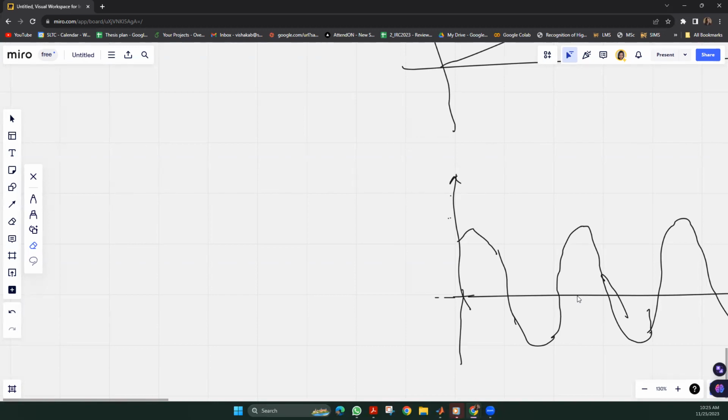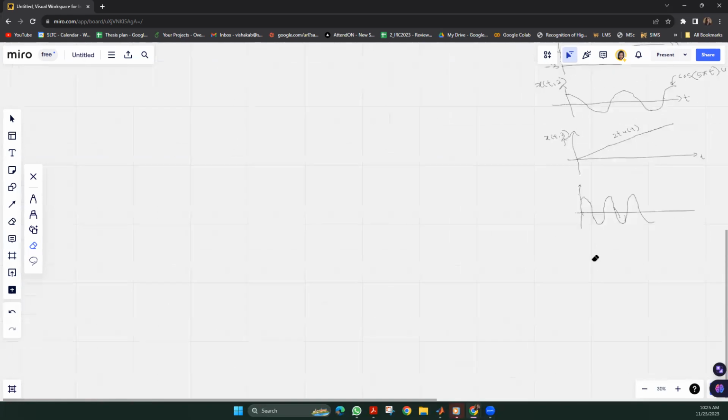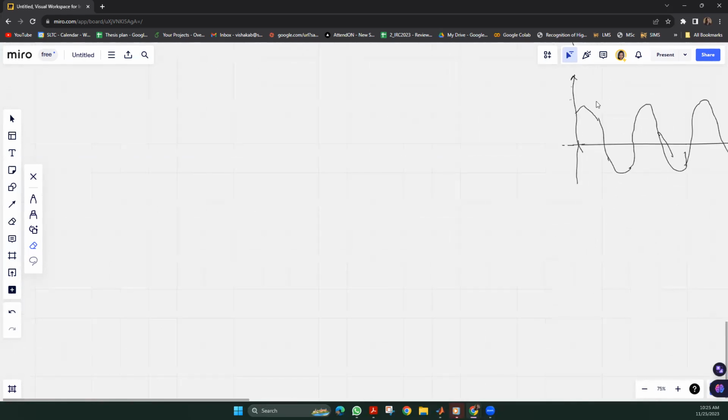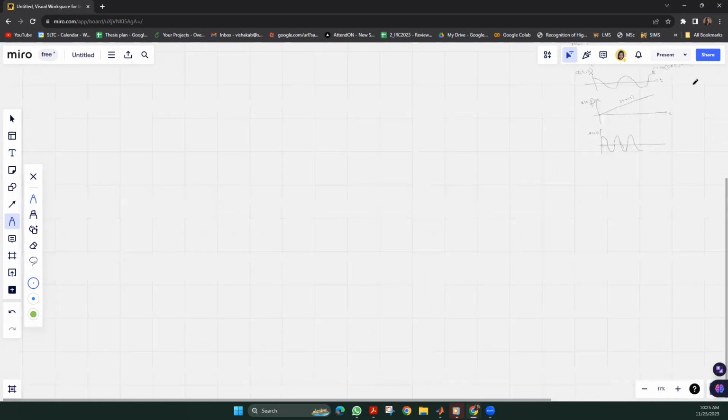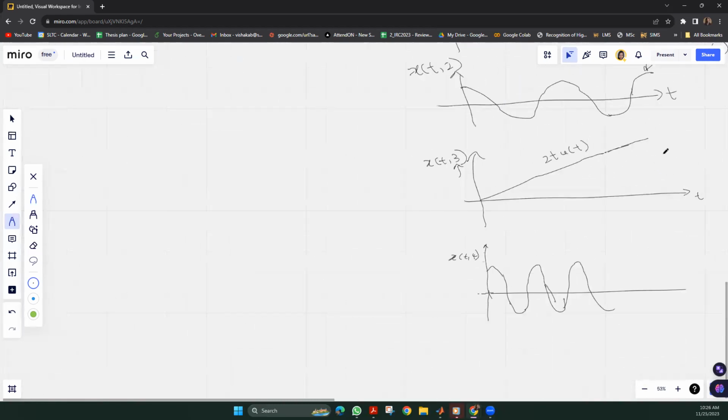This signal we can denote as x4(t). That would be the answer for the first question, where we draw all the realizations. These are all the realizations.